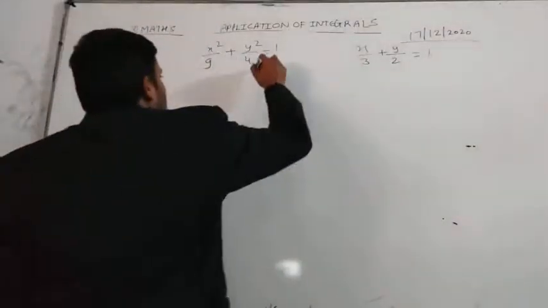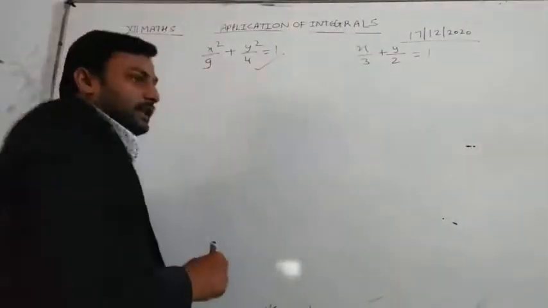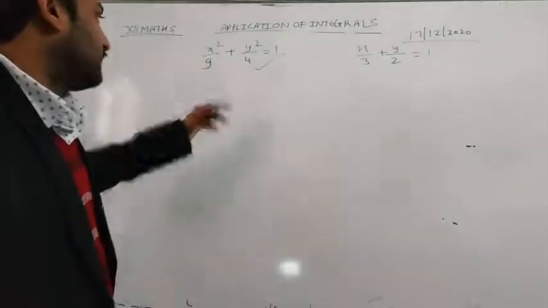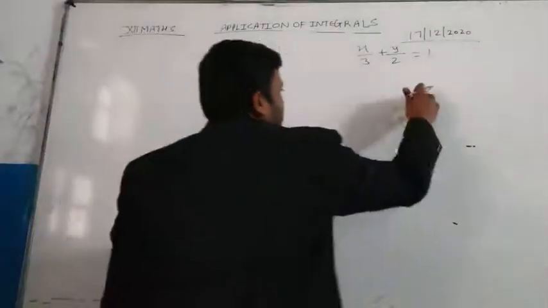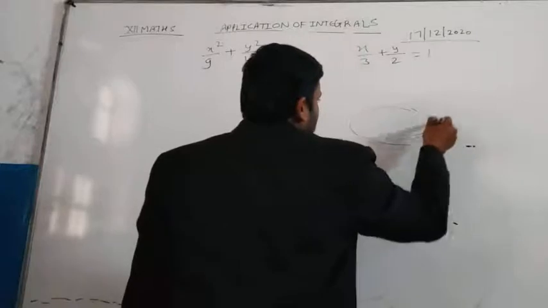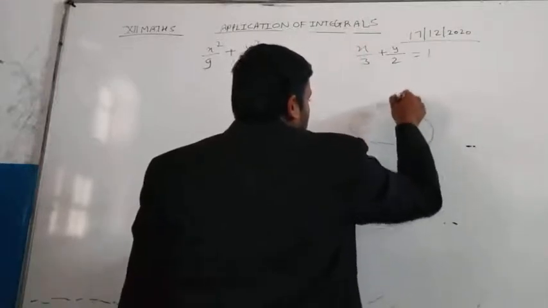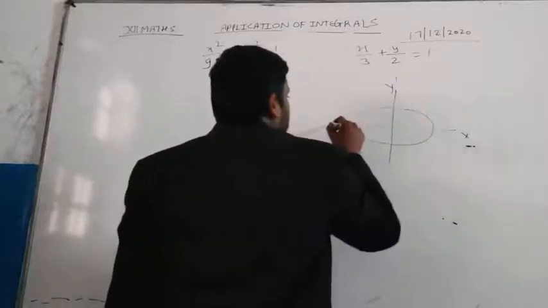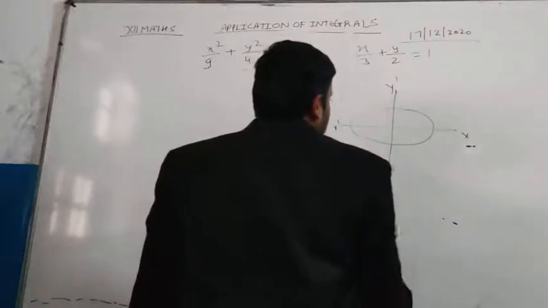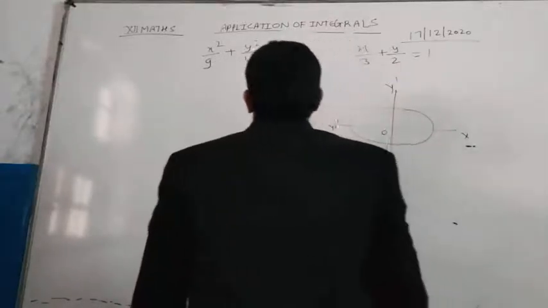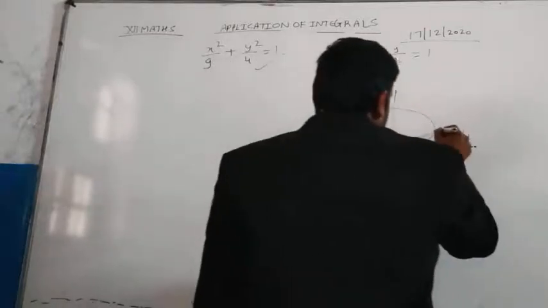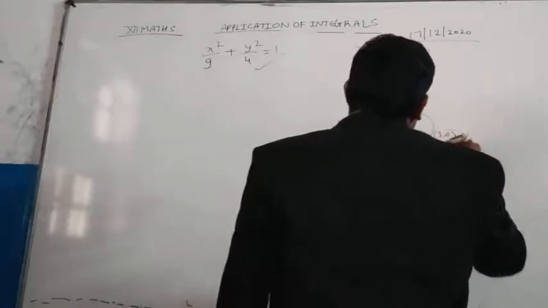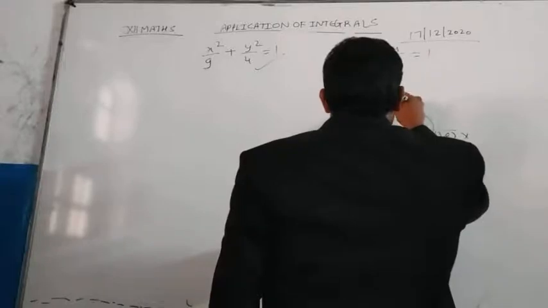So this is the equation of an ellipse in which a is greater than b, because a is 3 and b is 2. So our major axis is the x axis. So we made the ellipse, x, x', y, y', origin, and this is A. So this is (3, 0), and this is (0, 2).